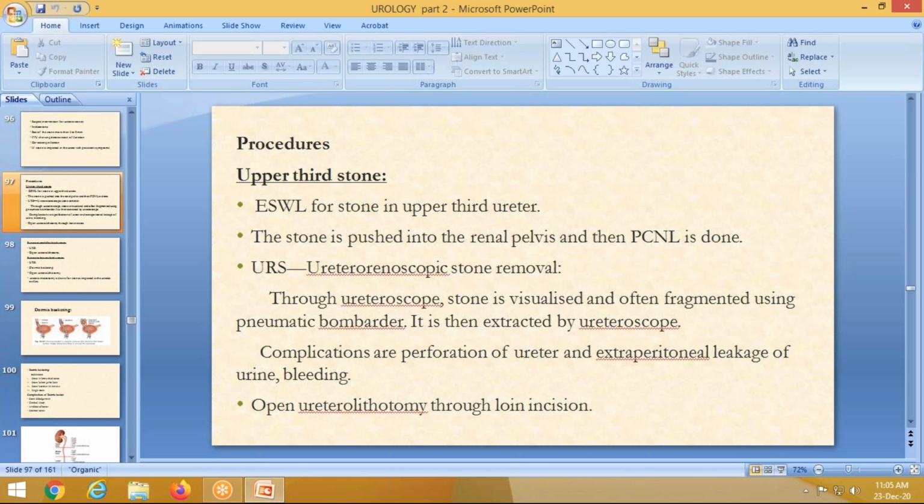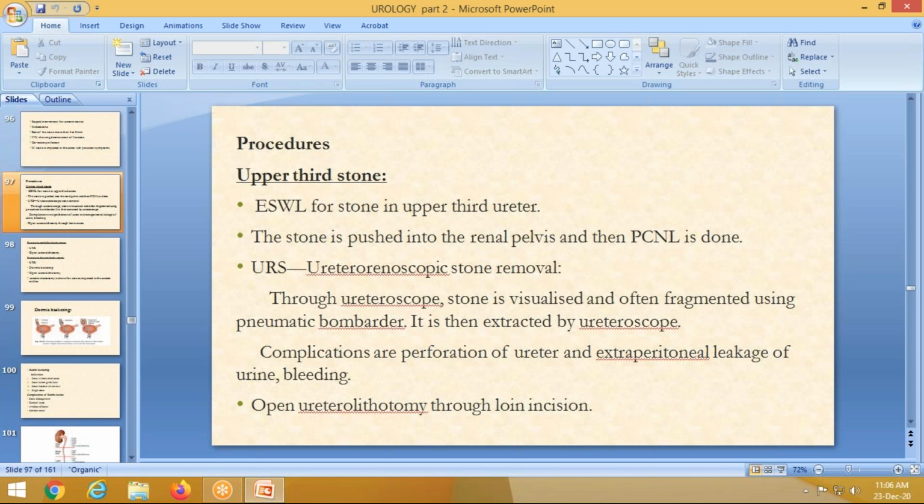Some complications may also develop by using the ureteroscope; it may likely perforate the ureter. Once the ureter is perforated, what happens? Extravasation of urine into the pelvic cavity or peritoneal cavity can develop. Next, if these things fail, you should do open surgery.